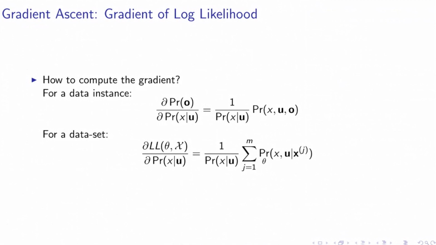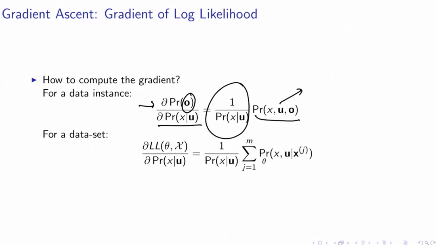In general, the gradient for a data instance, which is represented by this O, with respect to a CPT value, which is probability of x given u, is equal to 1 divided by probability of x given u times the joint probability of x, u, and the data point.